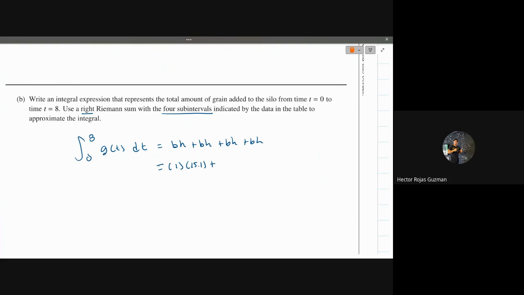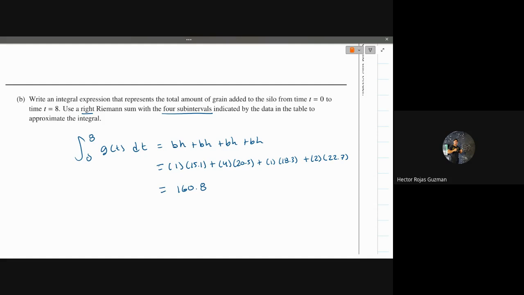Next, the base is 5 minus 1, and the height is 20.5. Then for the third rectangle, the base is 1 and the height is 18.3. And for the final one, the base is 2 and the height is 22.7. Because you do have a calculator, you can plug it all in and figure out the final value, which is 160.8.